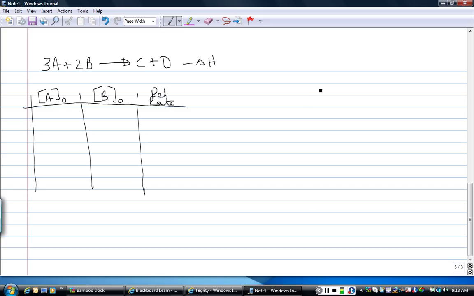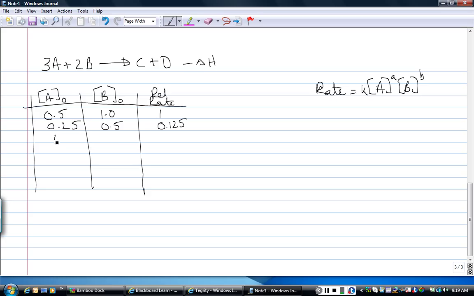Now remember, what we want to get is an equation that says rate is equal to k times concentration of A to the little a, concentration of B to the little b. I want, in other words, the rate equation. So let's say the data I gave you were 0.5, 1.0, 1, then 0.25, 0.5, and 0.125.